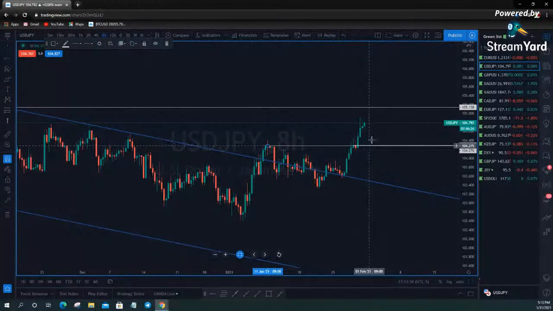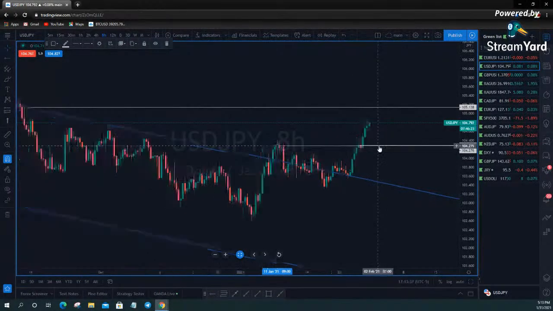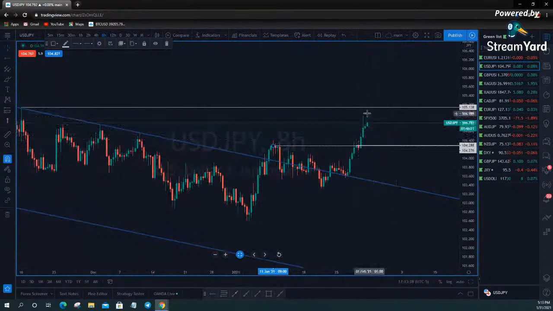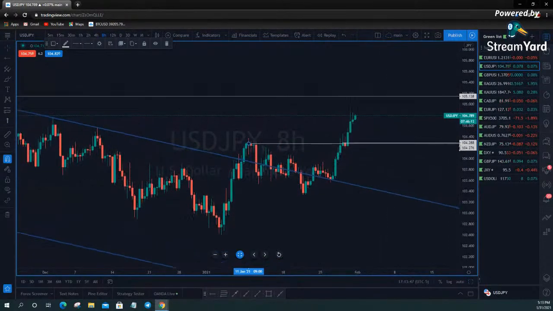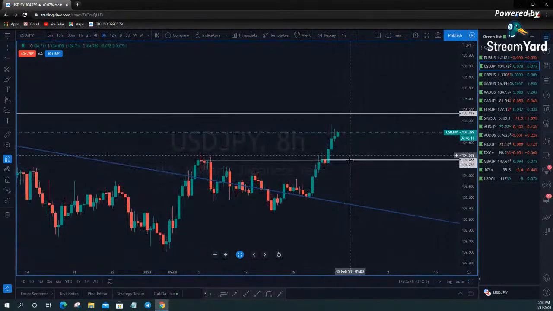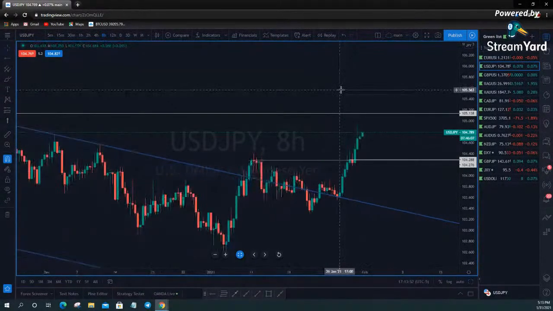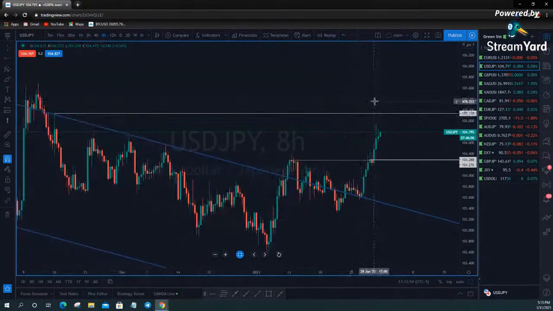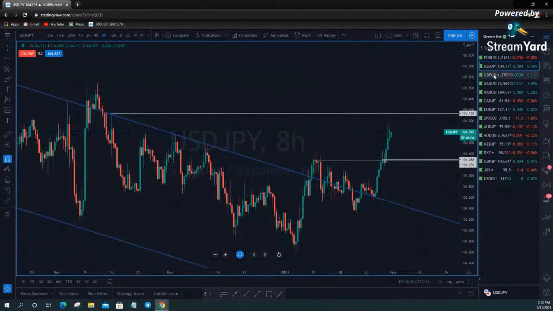So that would be a valid area to look for support hold. So I'm not doing anything up here. I'm not shorting this. I'm waiting for a pullback in price. Then I will assess what's happening, what's taking place around this area. If this thing just keeps moving higher, that's just a trade you miss. Get used to it. It's going to happen frequently.